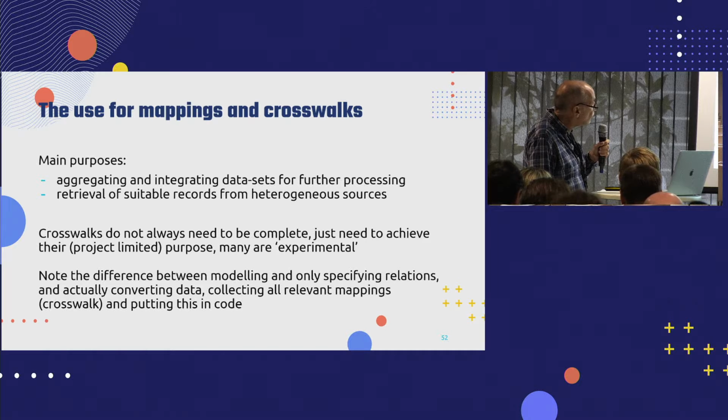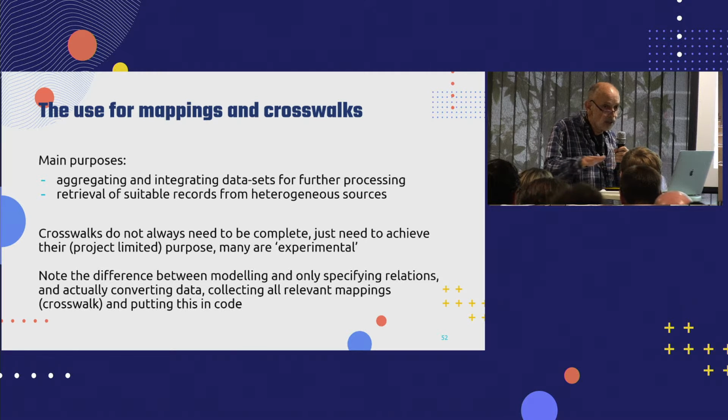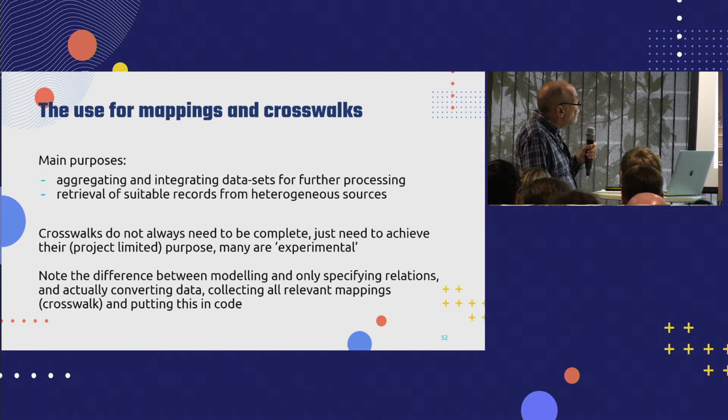Another way of using it is you can leave the sources as they are in their heterogeneous format. But if you want to query in that, you can still use the mappings to do query expansion.